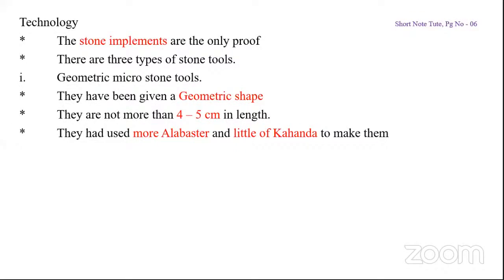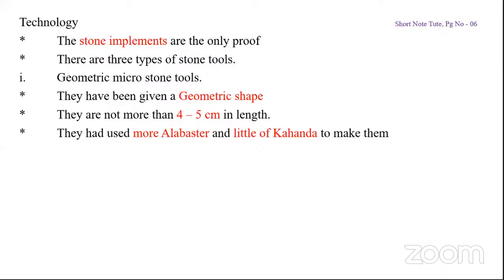What do you mean by geometric micro? These stone tools were very, very small, like 4 to 5 centimeters in length. And they were given a geometrical shape, like a square, maybe a rectangle, maybe a triangle, maybe a kind of straight line.